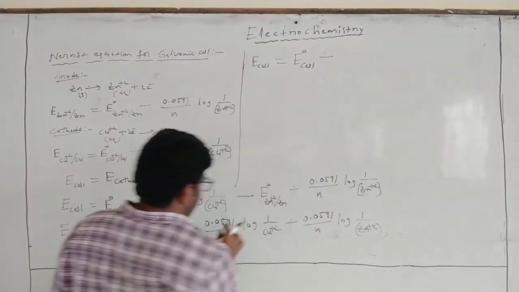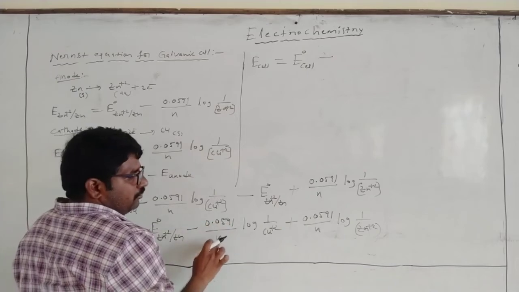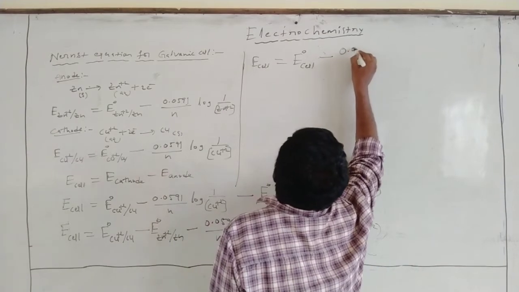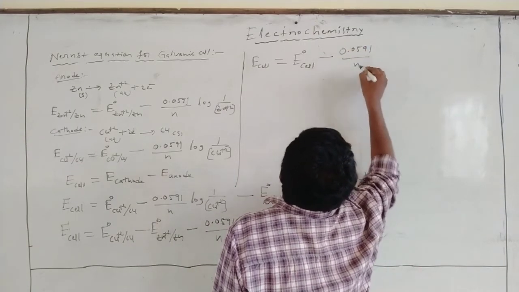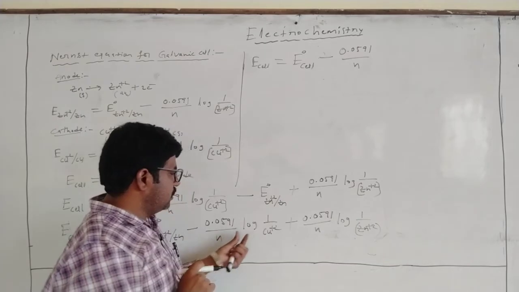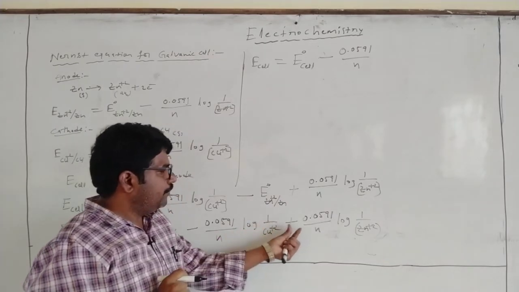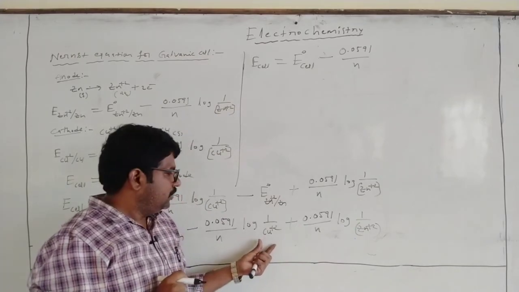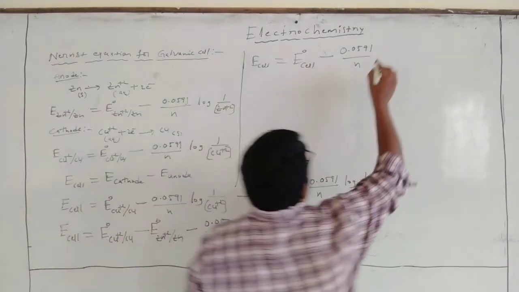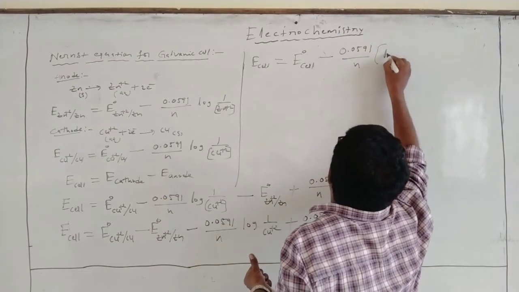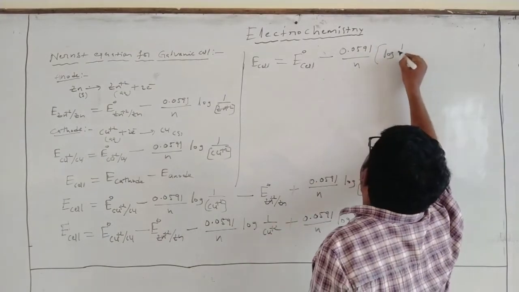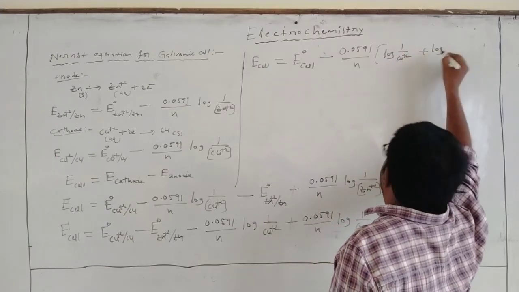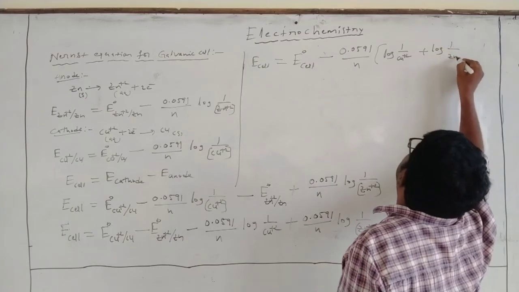Minus. Now we take 0.0591 by n common from both, so log 1 by Cu plus 2 plus log 1 by Zn plus 2.